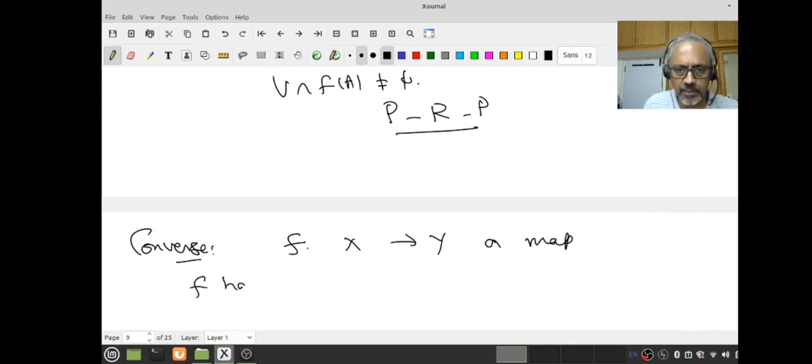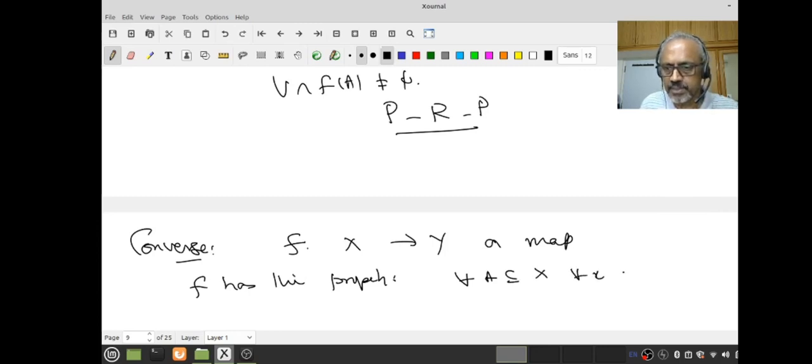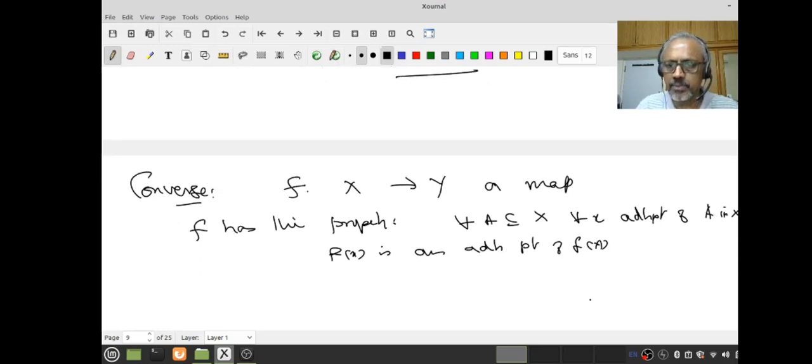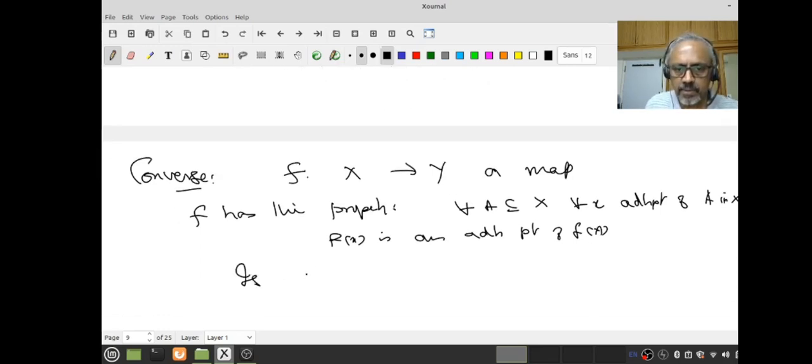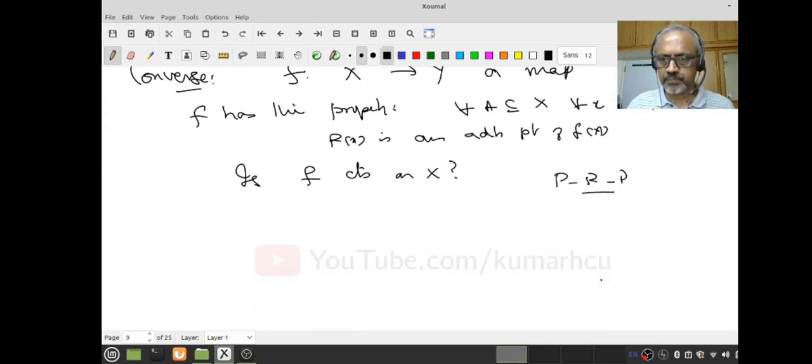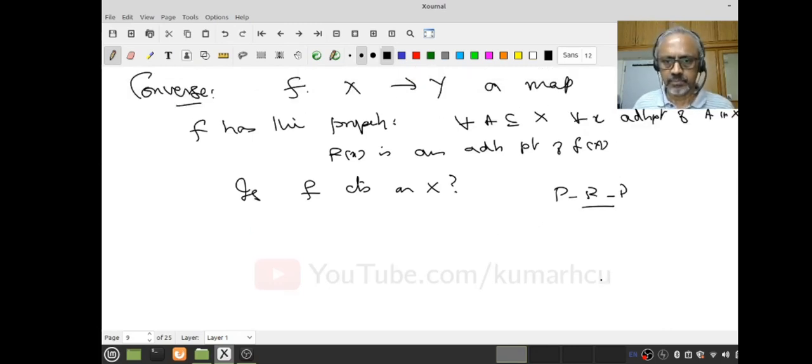It has the following property: for every subset A of X and for every adherent point x of A in X, f(x) is an adherent point of f(A). Then what do we want to know? Is f continuous on X? Is the question clear? Just go back and try to understand. Let us prove this.